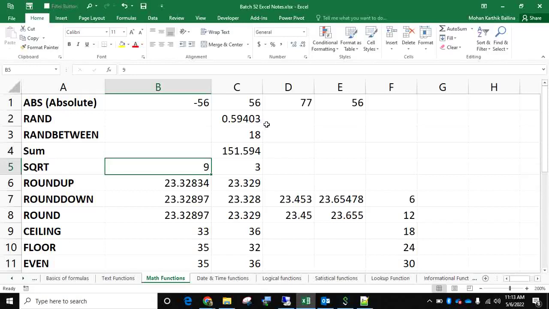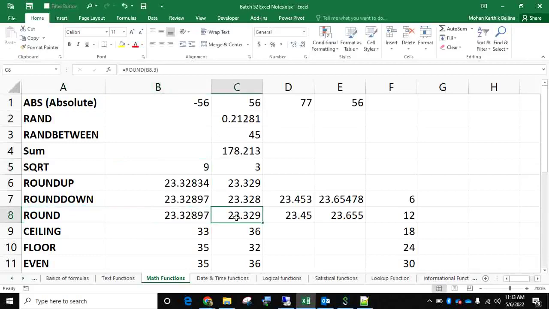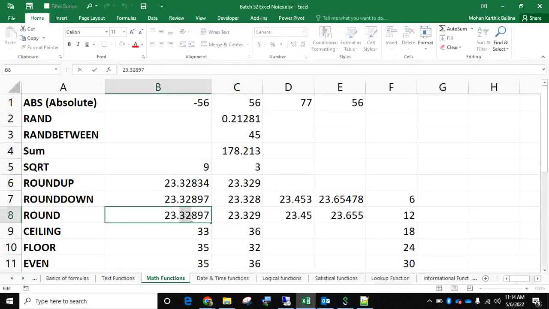Then we have also seen ROUND, ROUNDUP, ROUNDDOWN, correct? All these three just round the numbers. The ROUND function is used to round the values. For example, I want to see three digits after the decimal, 3 to 8.